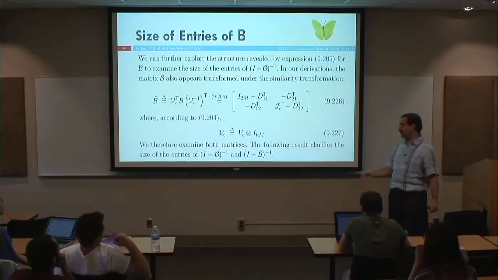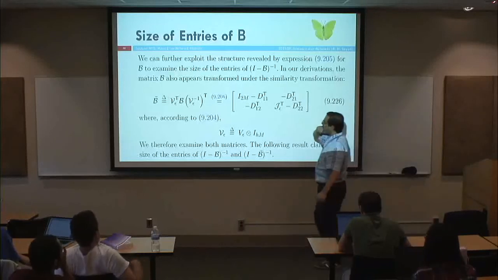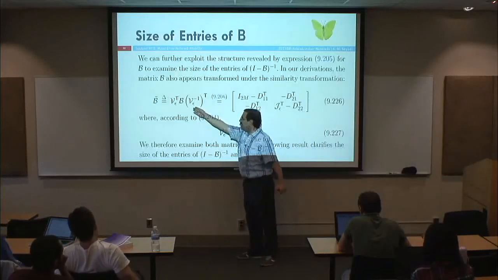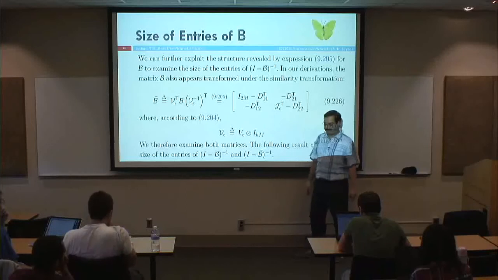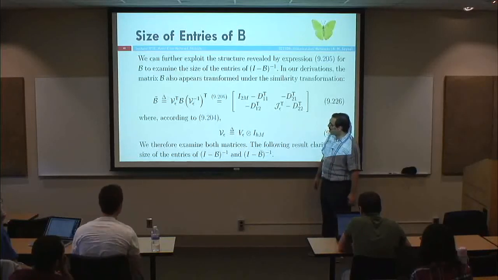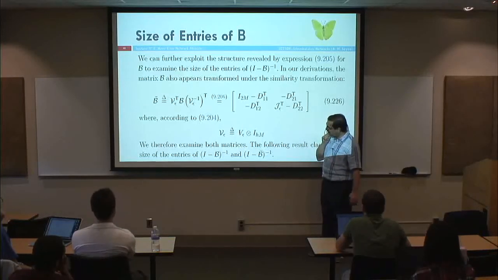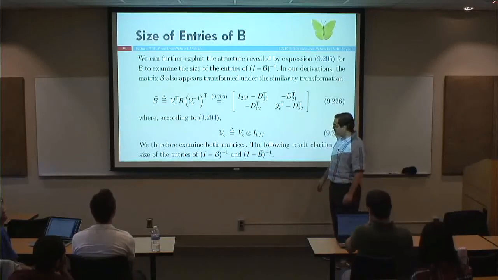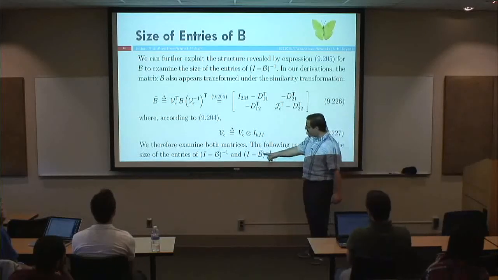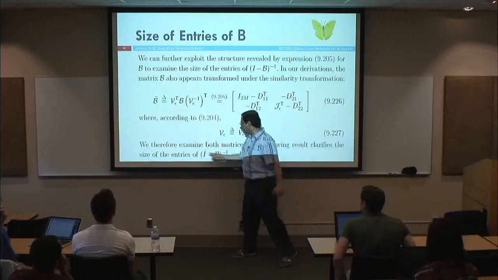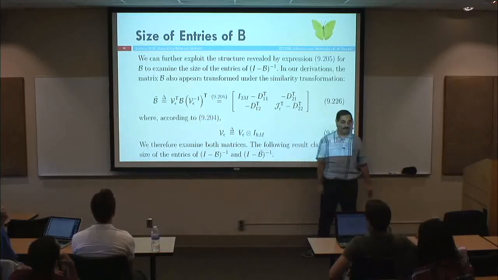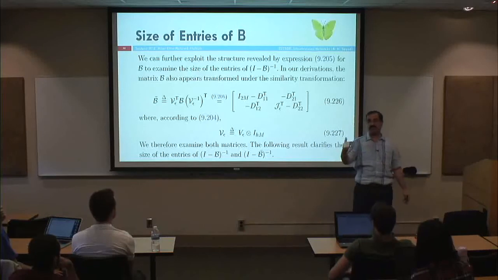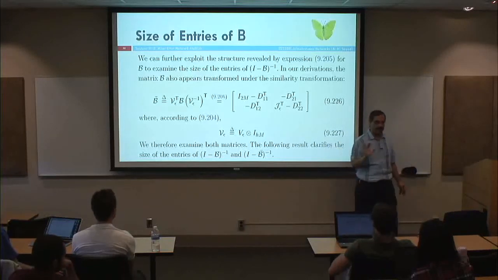I don't need to go through all the details, but remember, this is my matrix which is similar to B, correct? You are going to see, especially next time when we do performance analysis, I want to know how well these algorithms perform, that inverses of this transformed B of this form will come up often. I minus B inverse or I minus B bar inverse. This will come up.